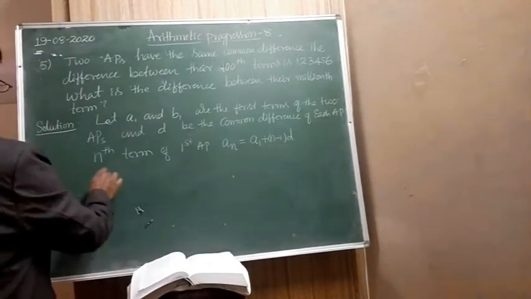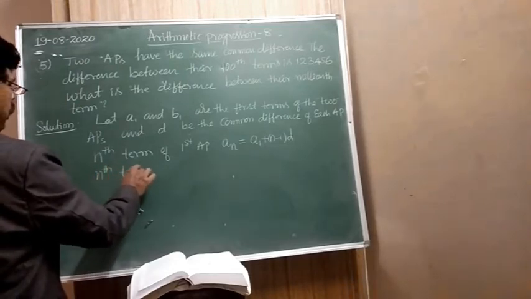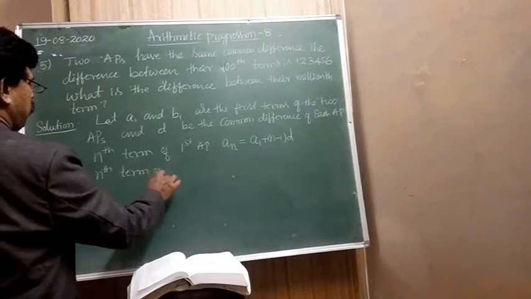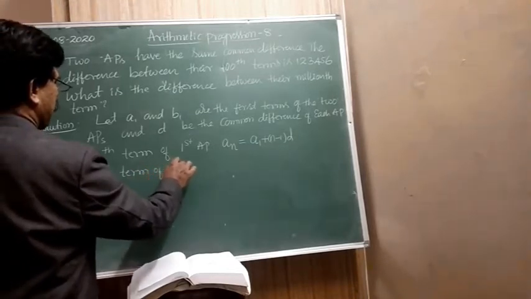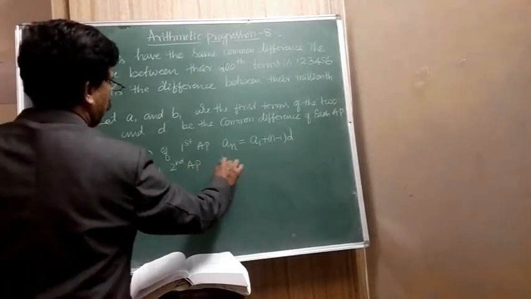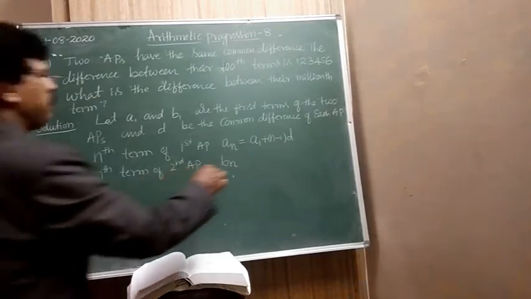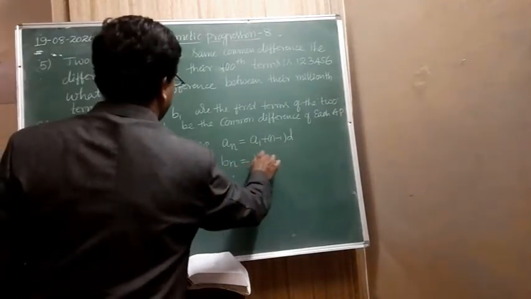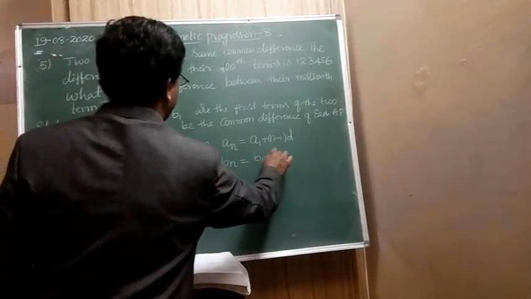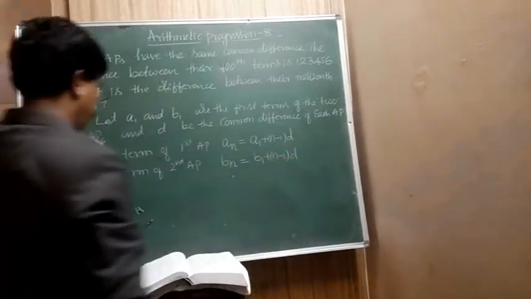Now, observe carefully, nth term of the second AP, that I am writing as bn, that is given by b1 plus (n minus 1) into d.